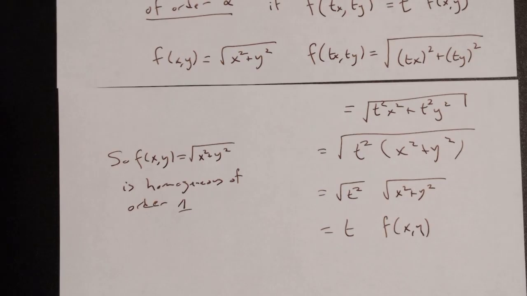You with me so far? You can have functions that are homogeneous of order -1. You can have functions that are homogeneous of order 3, 5, 2.5. You can have functions that are homogeneous of all sorts of orders.